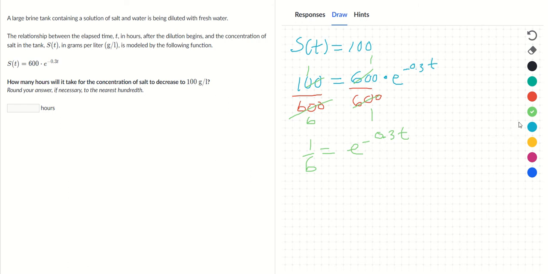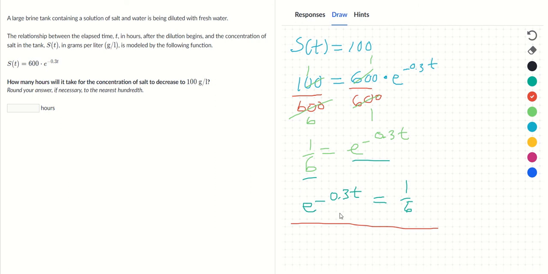Well, you can use logarithms to solve this problem. If you have e raised to the negative 0.3 t equals 1/6, in that particular case, you can use the inverse function, which is the logarithmic function.